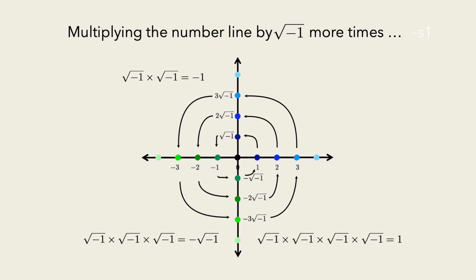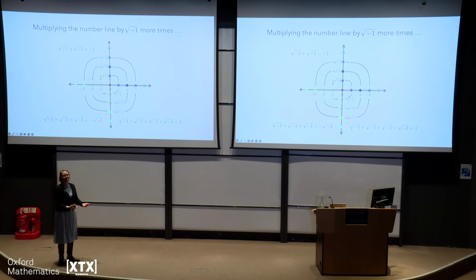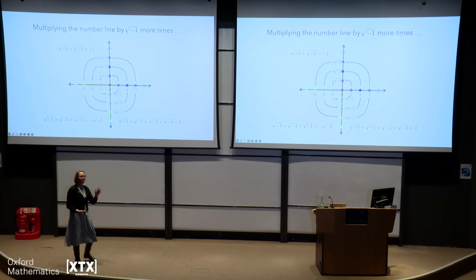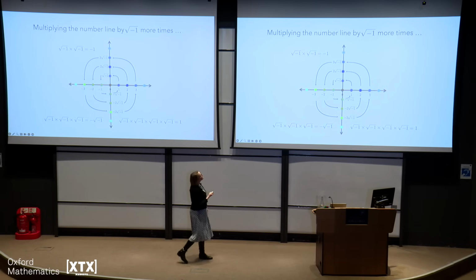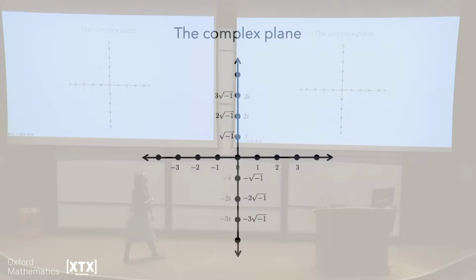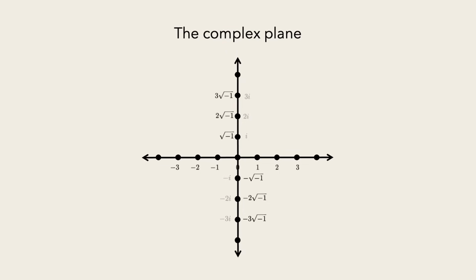Okay? So this is how you should be thinking about the square root of negative 1. Not with some formula that somebody hands you and said, okay, great, you can solve quadratic equations, although that's useful, but it's a geometric thing. It's rotation by 90 degrees instead of by the full 180 degrees. And so this is something that we call the complex plane.